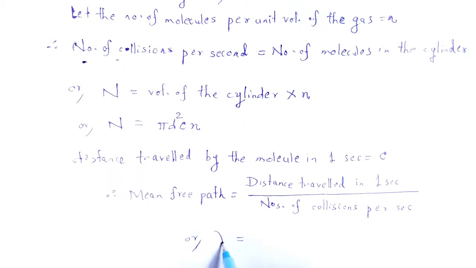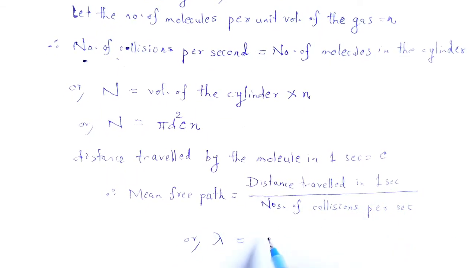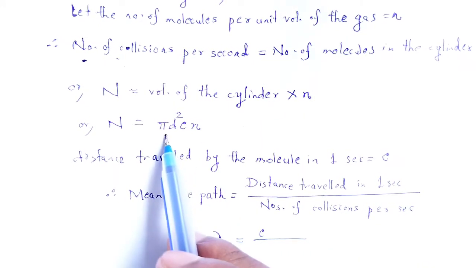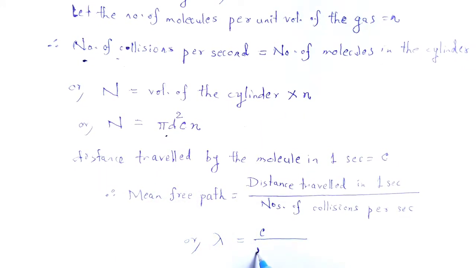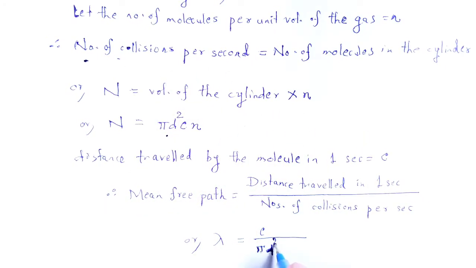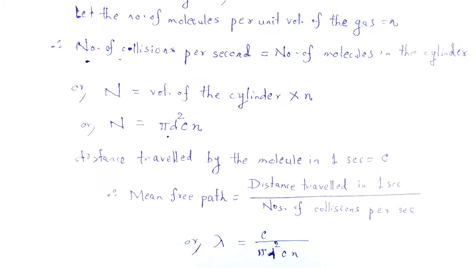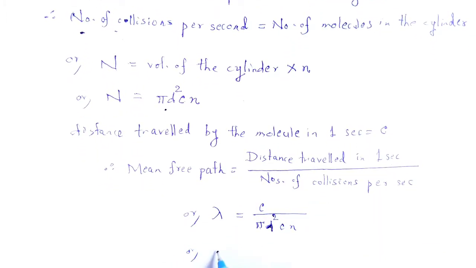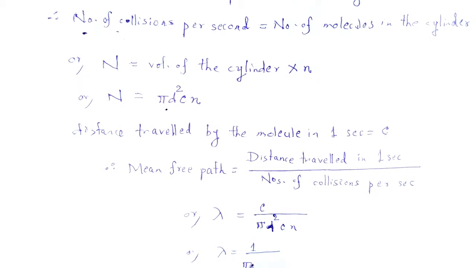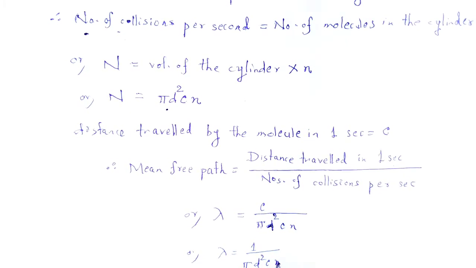That is, mean free path lambda is equal to small c divided by pi d square c into n. The c cancels out, so lambda is equal to 1 divided by pi d square n.